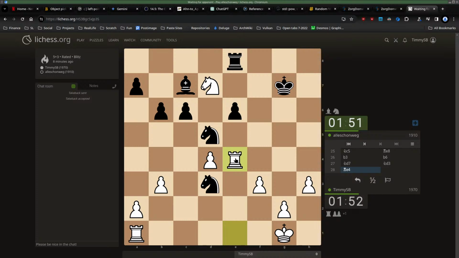Rook lift. The rook has been lifted, yes. That's a pretty damn annoying piece of knight there.